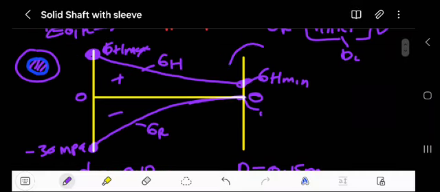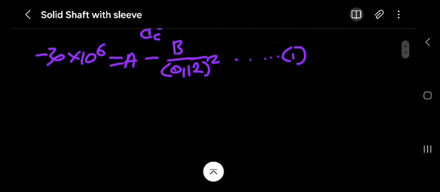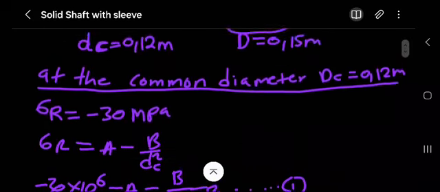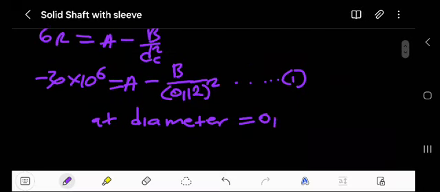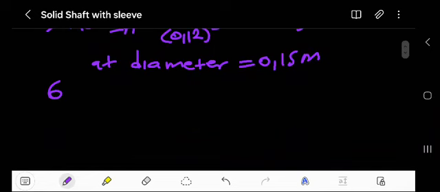At diameter. At this diameter. So tell the examiner, at again diameter. Show it at diameter. You can just write like this. What is the diameter? 0.5. 0.5 meter. We are working at this so that our thing will be smart.